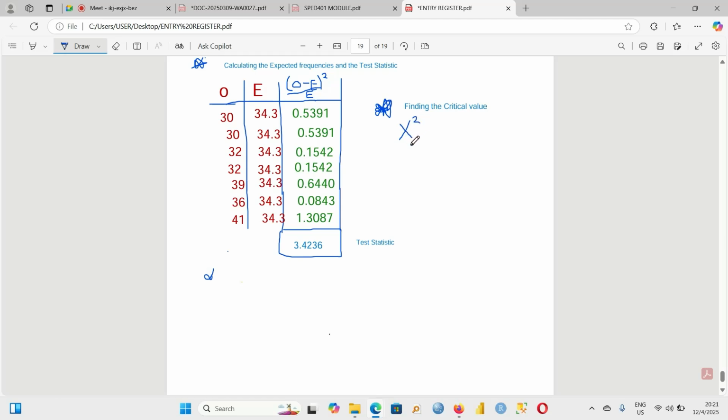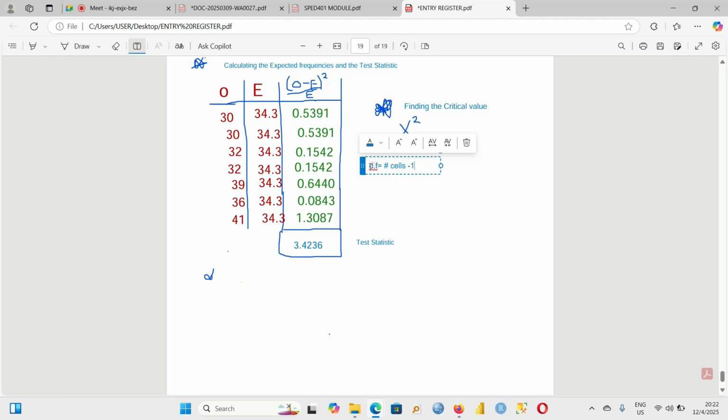Here we have alpha and df. What is our df now? Degrees of freedom. How do we find the degrees of freedom under this type of test? df is equal to the number of cells minus 1.